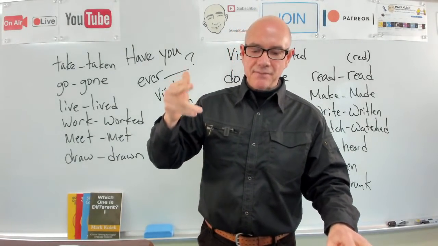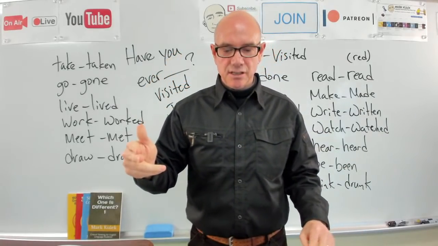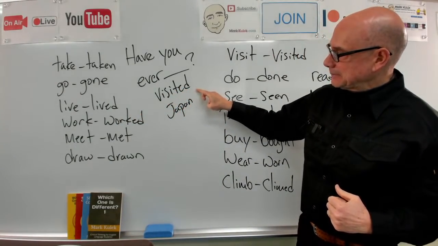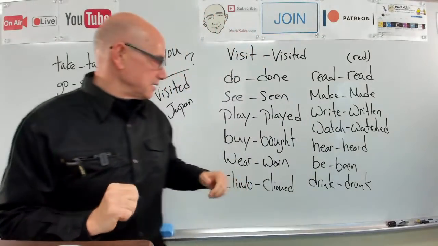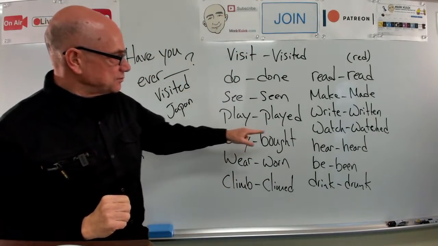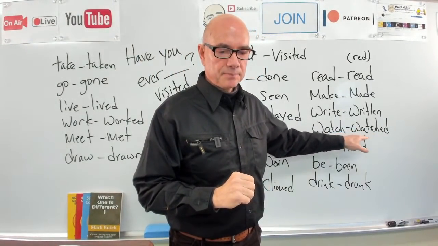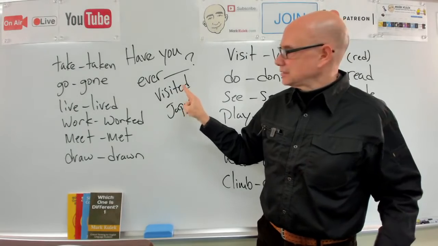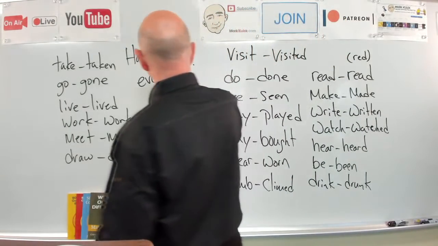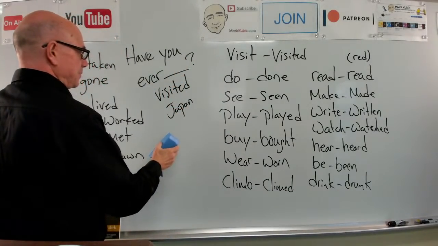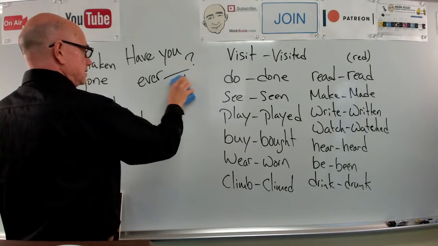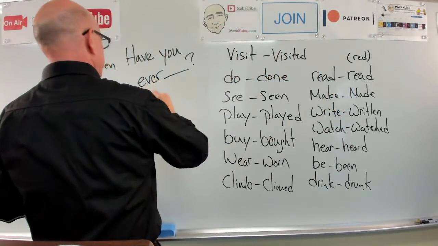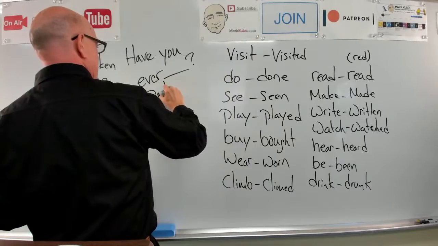Okay, Air Lady, have you ever watched an Indian movie? So we need that. You have to put it in the past, Air Lady. So it needs to be watched right here. Watched. You need the ED. We have to put it in the past here. So this is have you ever, and then the past participle verb.